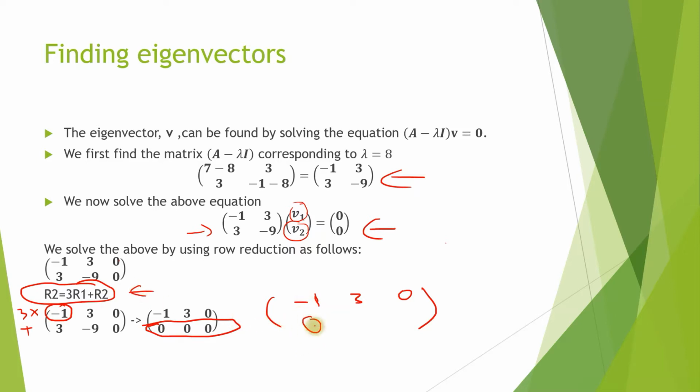The only way to make this become 0, as you would note, is by taking the first row, -1, and then multiplying it by 3, which gives you -3.